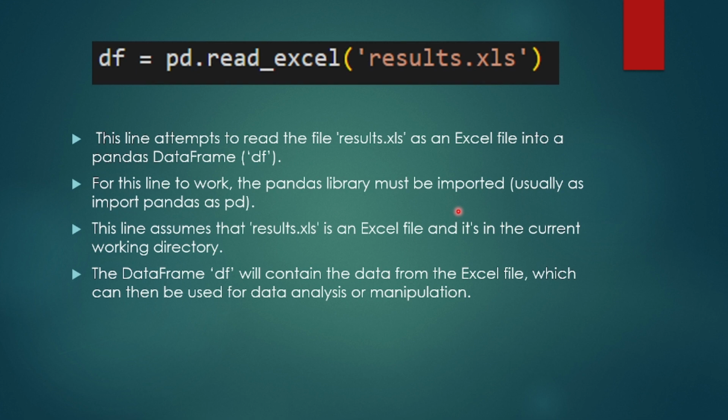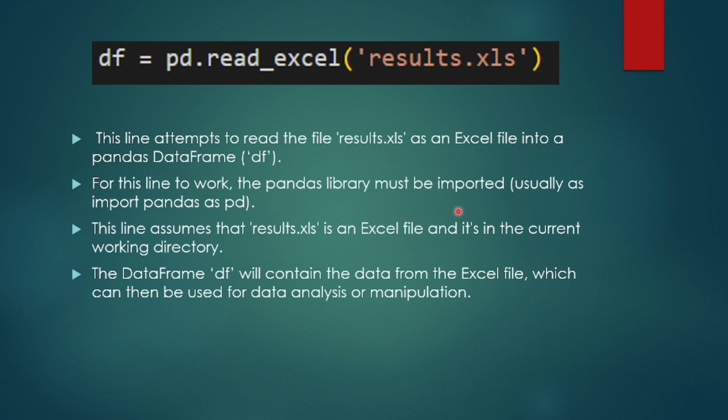And this fourth line creates a data frame. It's called df. It's a very frequent name, but you can call it whatever you want. It will attempt to read results.xls as an Excel file into a Pandas data frame.